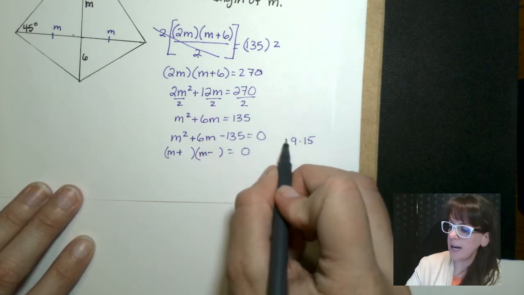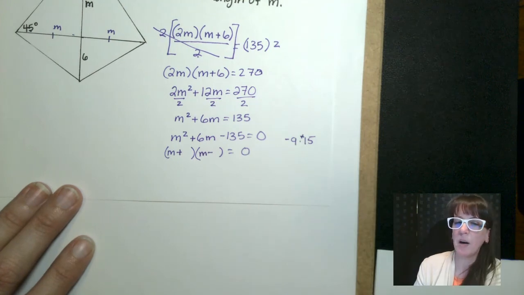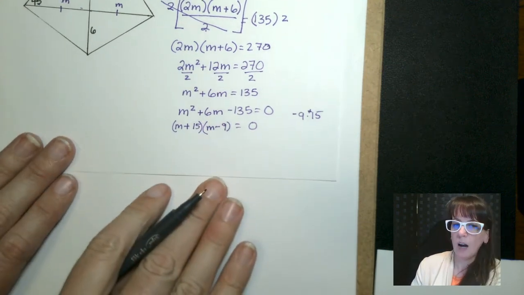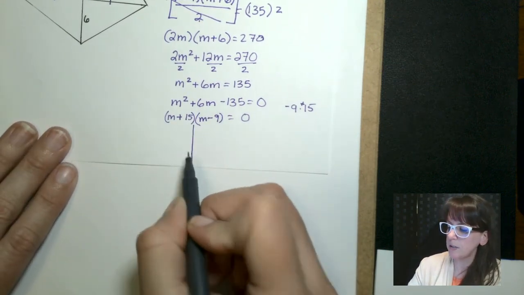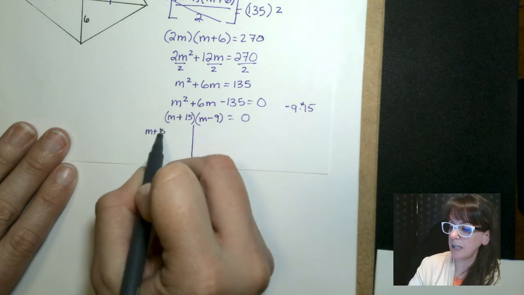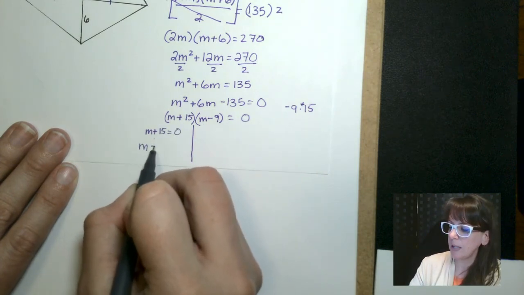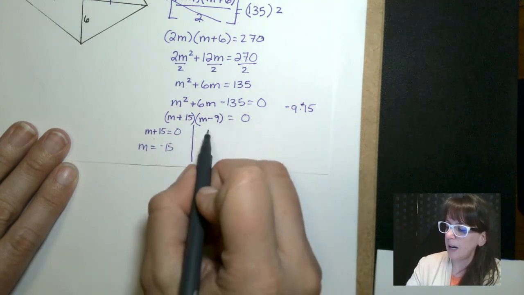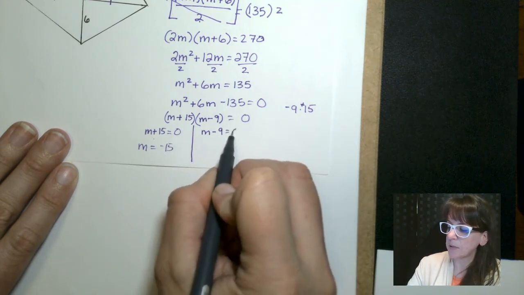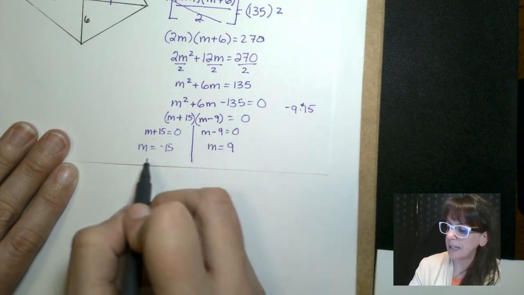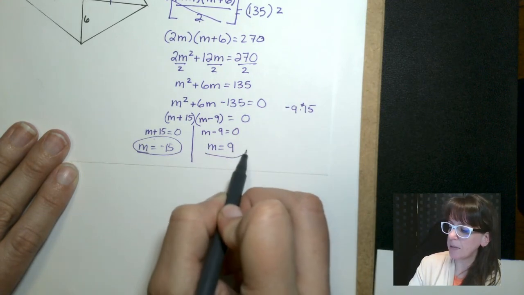So if I do negative 9 plus positive 15, that would give me a positive 6. So negative 9, positive 15. All right, let's use our zero product property to do m plus 15 equals 0. Minus 15 from both sides, I get m equals negative 15. M minus 9 equals 0. Add 9 to both sides, I get m equals 9. So I have m equals negative 15, m equals 9.